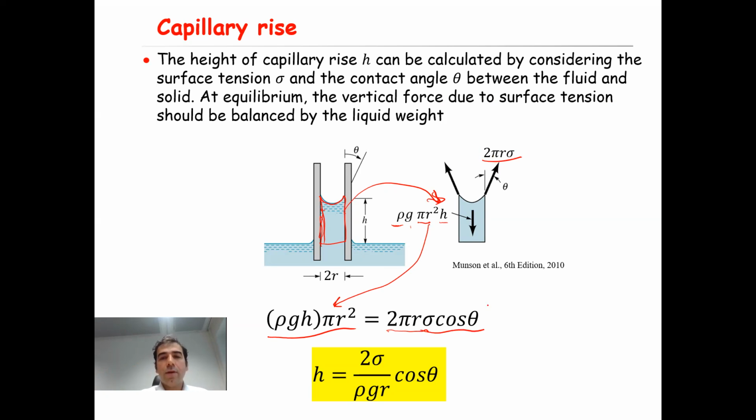With a little algebra, you can calculate h as equal to 2 sigma over rho g r times cosine theta. Sigma is the surface tension, rho is the density of the fluid, g is the acceleration of gravity, r is the radius of the capillary tube, theta is the contact angle, and h is the capillary rise. That's the way you can calculate the height of the capillary rise.